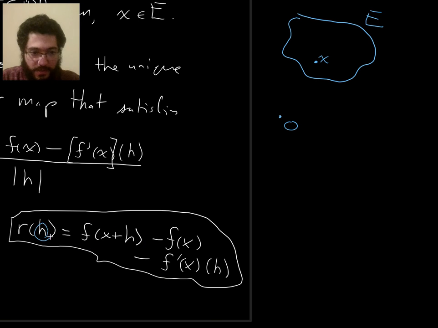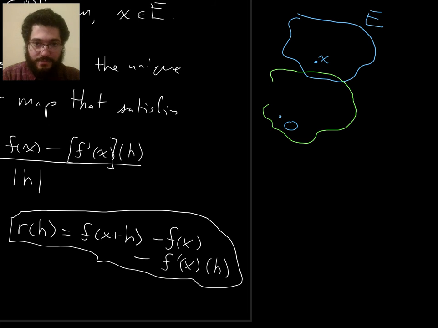So it's not going to be defined for all h's in Rn. It's going to be defined on only some h's in Rn. Specifically, those h's that make it so that x plus h is in the domain of f, in E. So what are the h's such that x plus h is in E? They are those h's that are in sort of a shifted version of E.